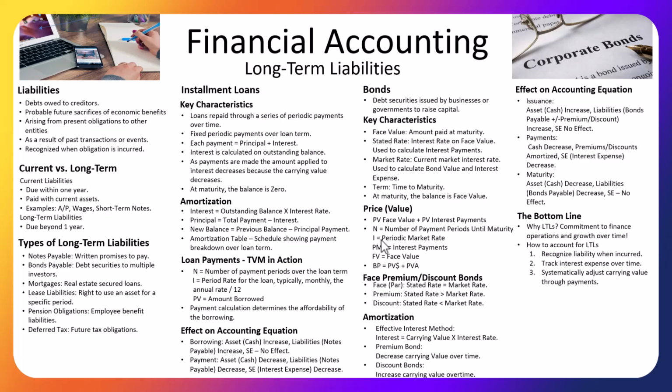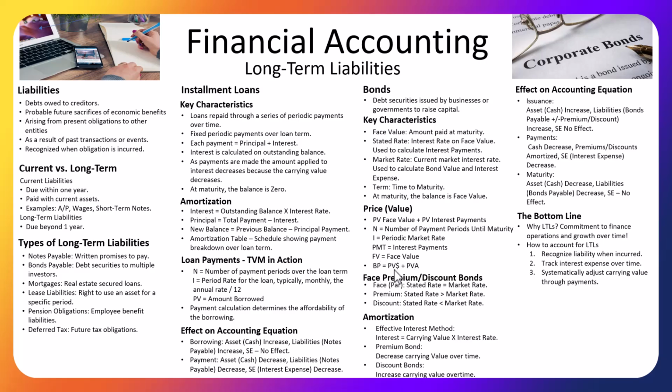Most bonds make payments semi-annually. The I is the periodic interest rate based on what's going on in the market. So you're using the market rate of interest. The payment are the cash interest payments, which are based on the stated rate for the bond. And the future value is the face value of the bond.